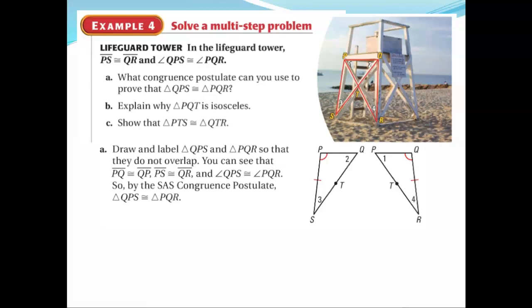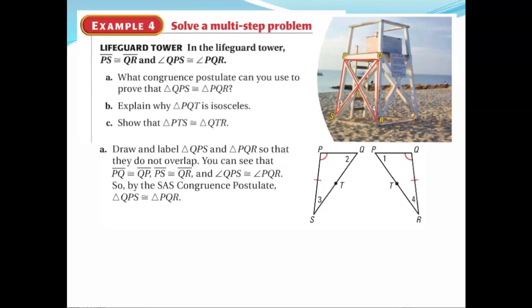Okay, part B. Explain why triangle PQT is isosceles. How do you know that triangle PQT is isosceles? Now you might want to go back to the original diagram. Well, if we're trying to find how triangle PQT is isosceles, we need to be able to show that there are two sides that are equal to each other. Well, from the side angle side congruence postulate, we were able to show that those two triangles were equal to each other.